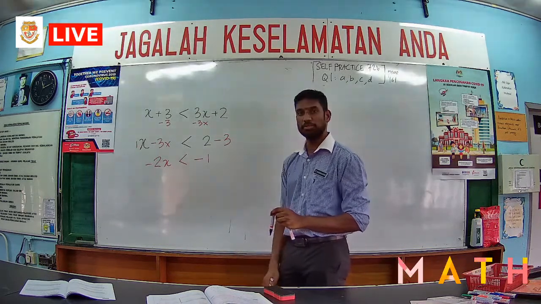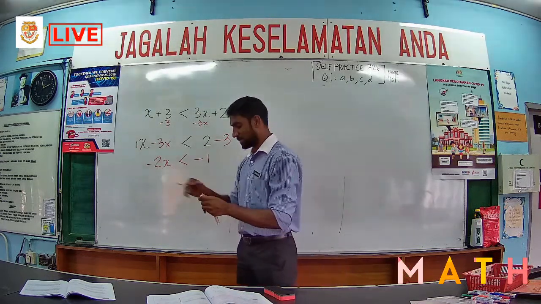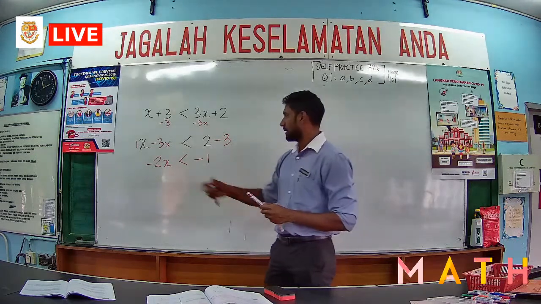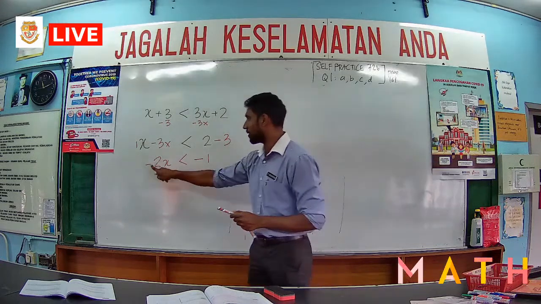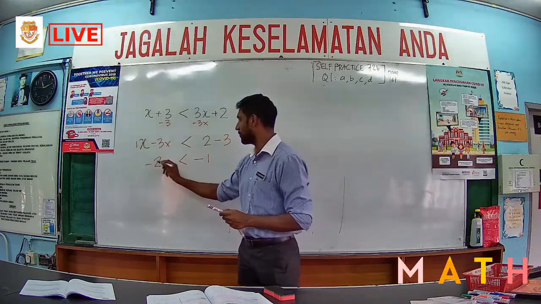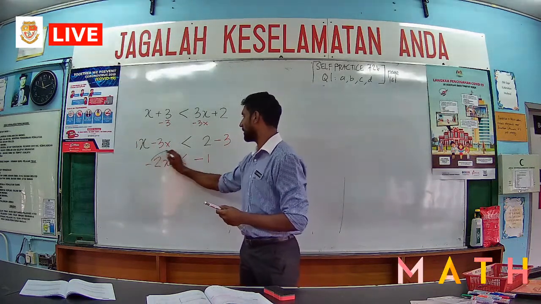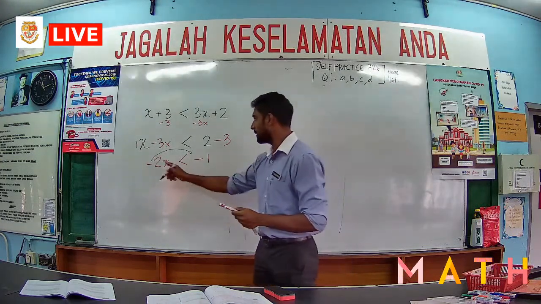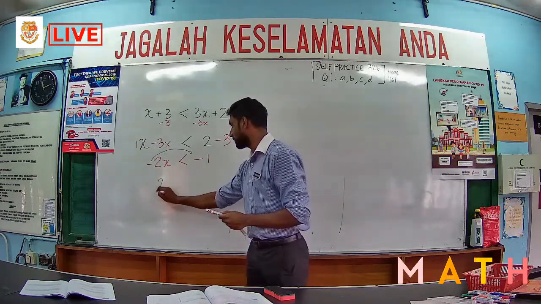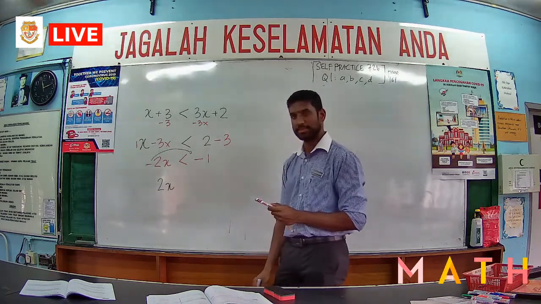So again, how to solve this? Now, class, it's very easy. Negative 2x less than negative 1. Remember, we cannot have the negative here, right? So we imagine we bring the negative to the other side. What happens if you bring it to the other side? It becomes positive 2x.